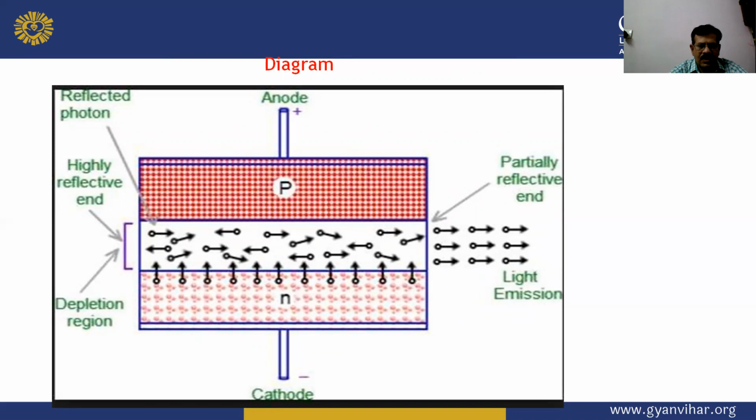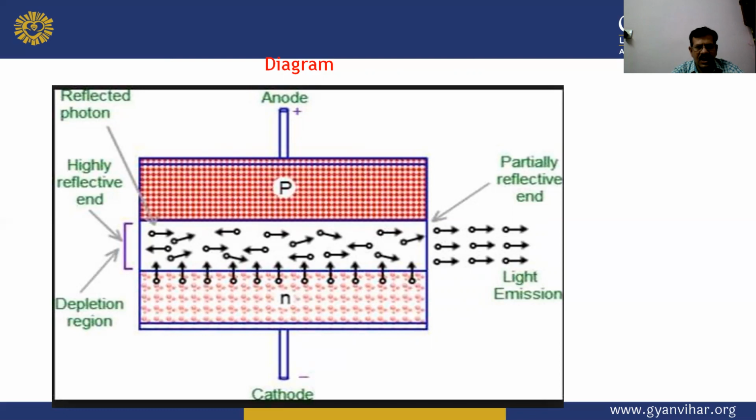So this is the construction diagram of the laser diode, in which the reflected photons and highly reflective end are shown, and there are two terminals, one is the anode, the second is the cathode, and there is also a depletion region, light emission, and the partially reflective end. There are p-type and n-type semiconductors.